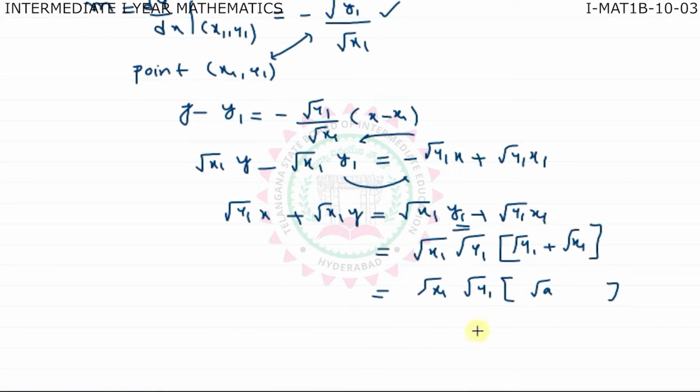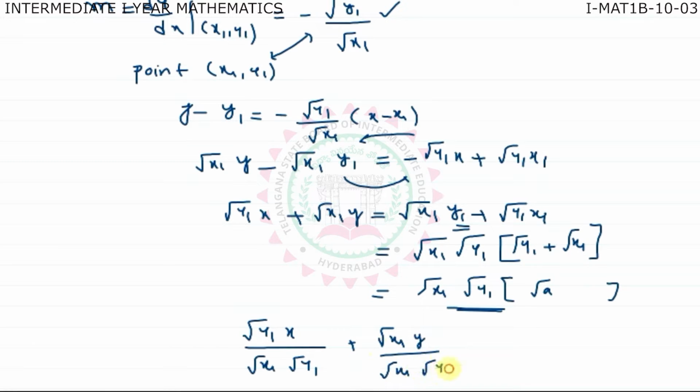Now divide both sides by the right hand side term. So on division you will get root y1 x divided by root x1 root y1 plus root x1 y divided by root x1 root y1 is equal to root a. So here root y1 gets cancelled, root x1 cancels.